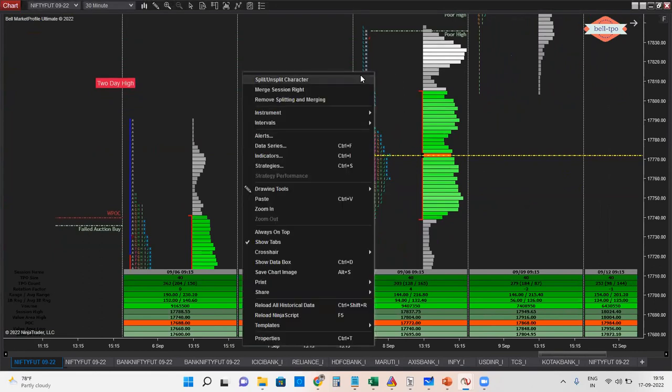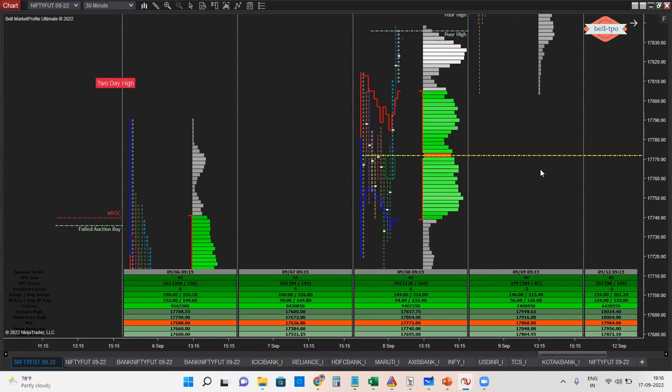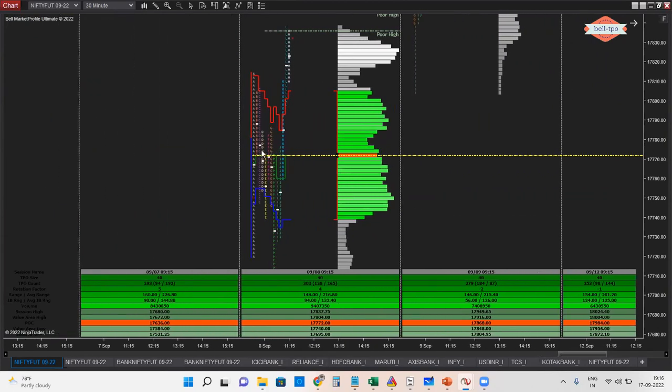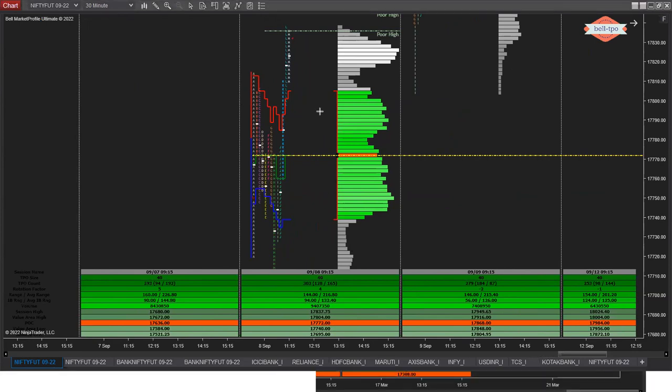If I right click over the charts and split it, it becomes a split chart, where each and every bar, high and low, you'll be able to see here. And of course, you can see the market activity, how it is getting tracked. As the market activities keep on developing, you can find that the market is doing something very interesting.